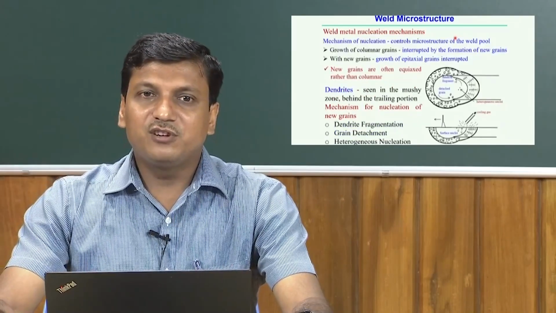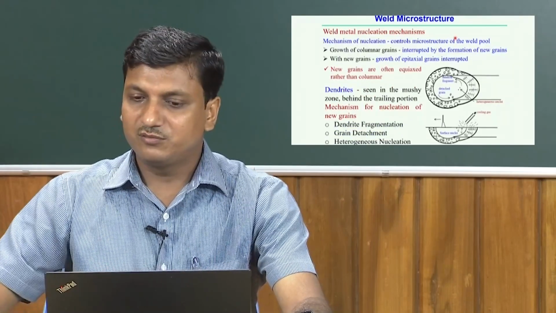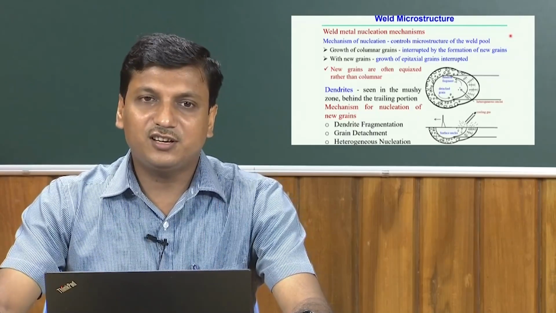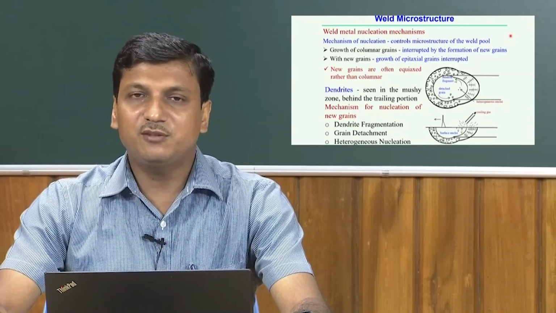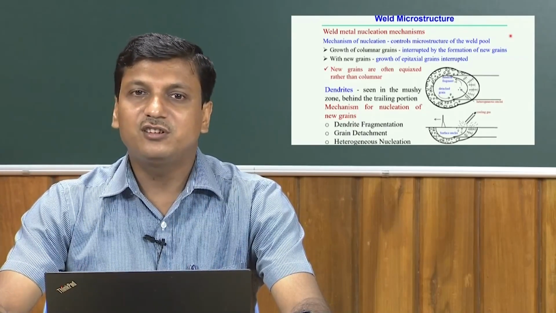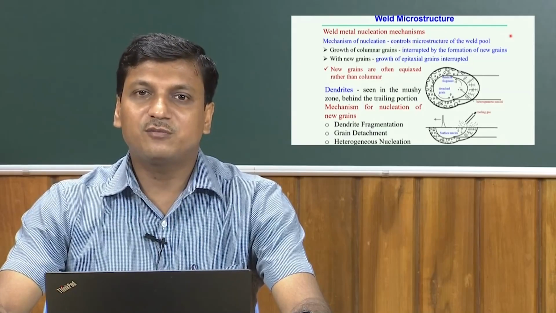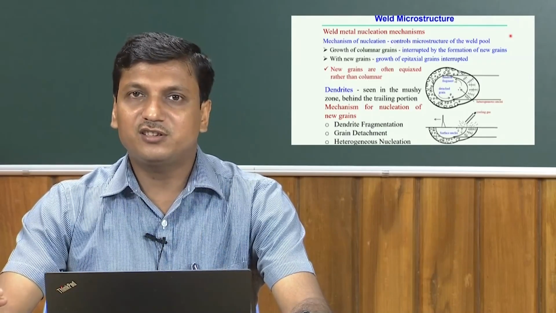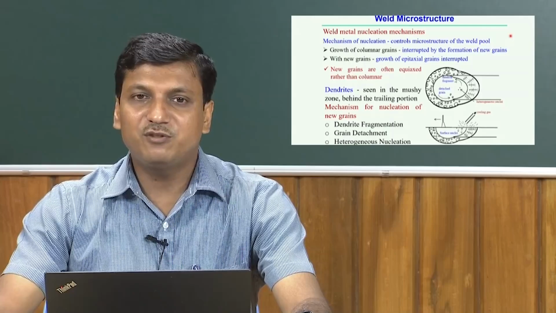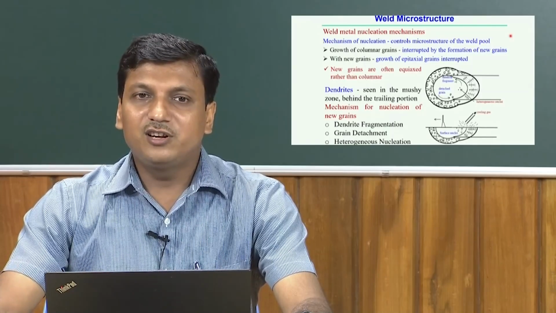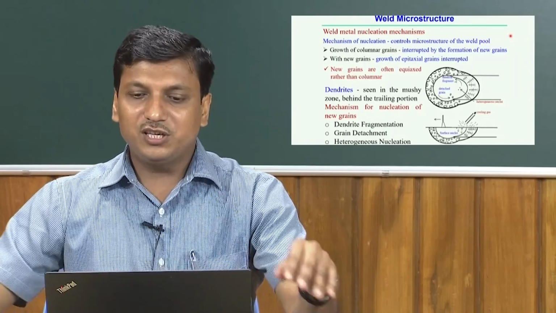Now, we look into the weld metal nucleation mechanism. The mechanism of nucleation controls the microstructure of the weld pool, so we need some understanding of the nucleation mechanism during the welding process. Two things are there.